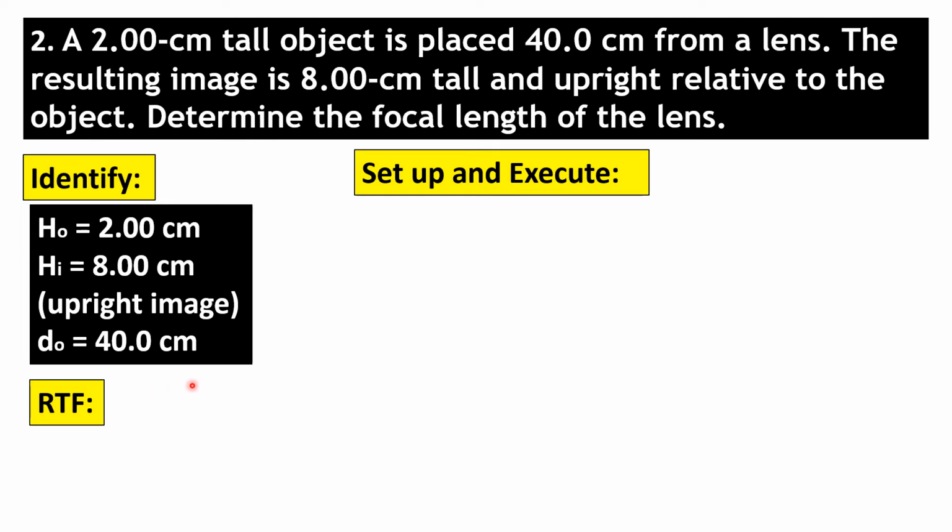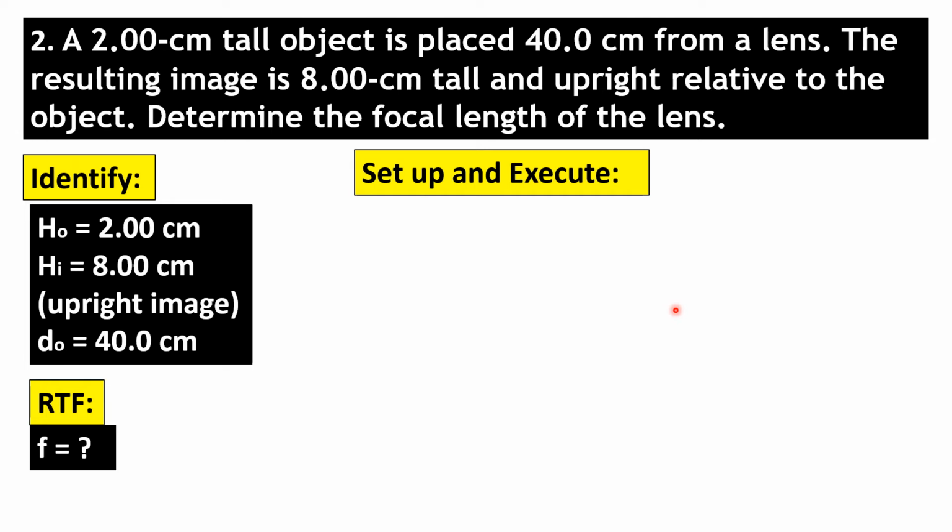So that is our prediction at this point. Now, the moment we calculate the focal length and it comes out positive, that will confirm our prediction that the lens is a converging lens.